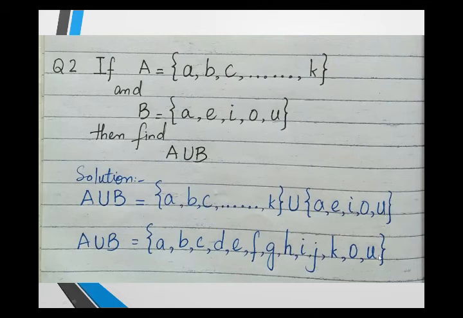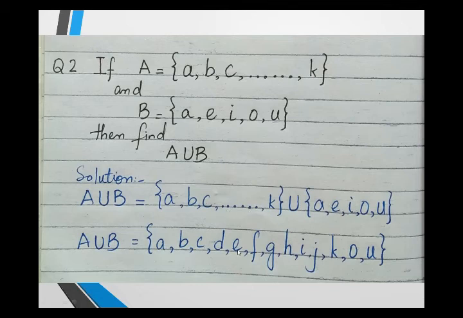How will we take the union of this? We write A union B equals to A, B, C, D, E, F, G, H, I. Here students, A is repeated, so we write it only one time. E is repeated, so we write it only one time. We show only the dots, and these dots show that all the remaining elements between them are included here.